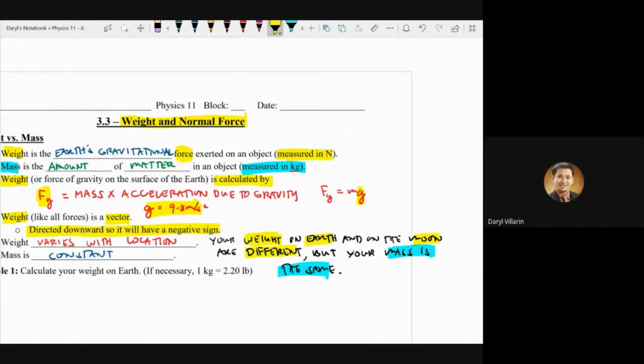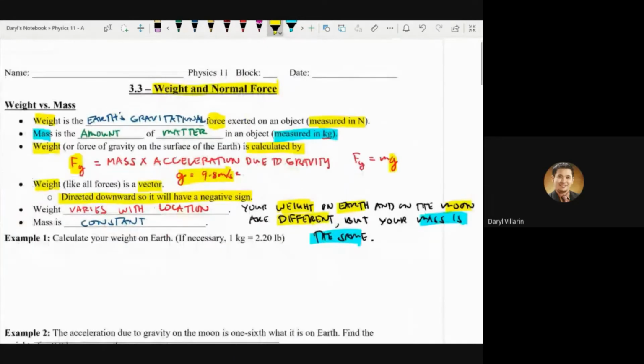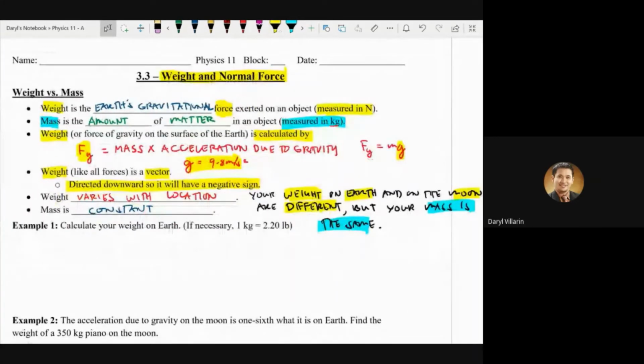So try to think of that again. Your mass would be the same regardless of your location, as long as you're not eating or discharging anything. However, your weight could be different.